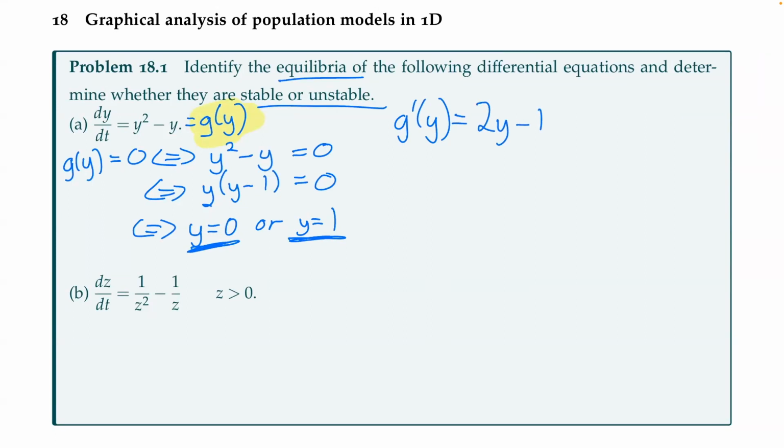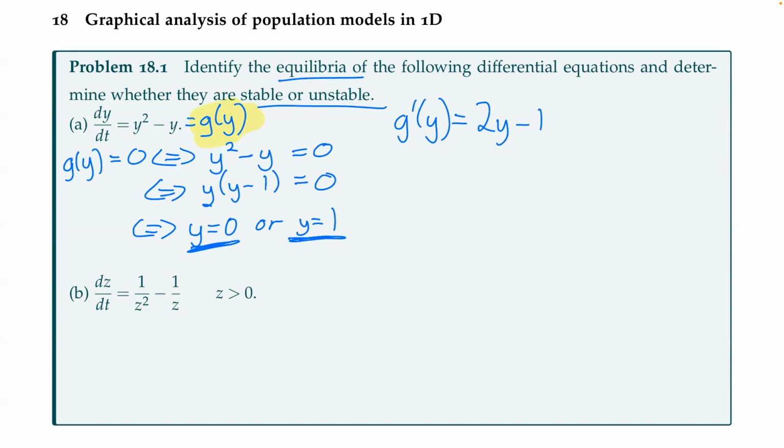We had a minus y, so that's minus 1 when we take this derivative. Okay, so we've got my equilibria and I've got this general growth function here. How do I work out the stability of those equilibria now? Any ideas? Yep. Exactly, we just plug them in.